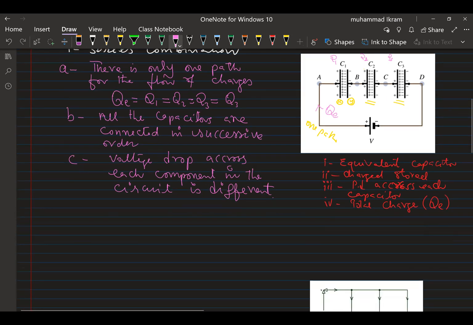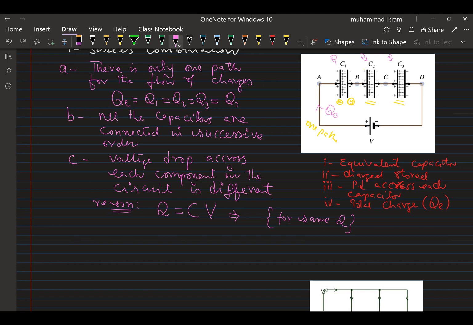Why? What is the reason? If you look, Q is equal to C into V. So as you see, for the same Q, if you have different capacitance, then definitely you have different V, right?